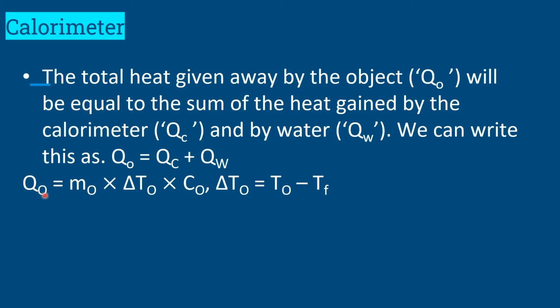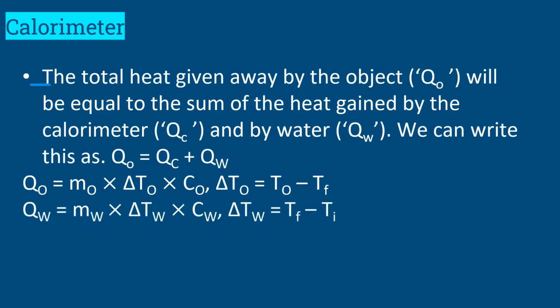So let's see what is Qo. Now we know that Q is equal to m into c into Tf minus Ti. So Qo is equal to mass of the object, into delta T, the temperature change of the object, multiplied with Co, that is the specific heat of the object. Similarly, let's calculate Qc and Qw. Qw will be mass of water into temperature change of water.